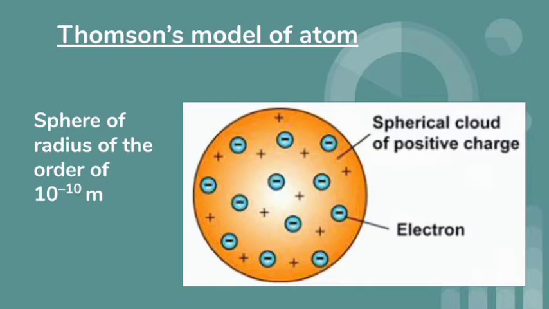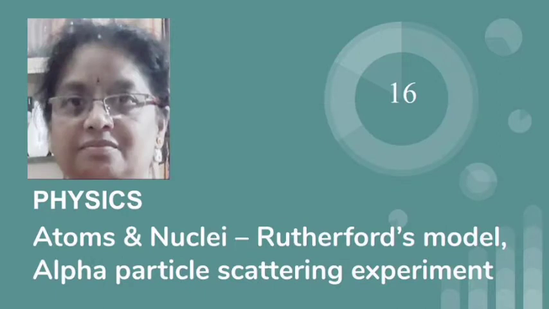This model also suggested that the atom is electrically neutral, since the numbers of positive and negative charges in the atom are equal. But the model could not explain the spectral lines of hydrogen and other atoms observed experimentally. We know that matter radiates electromagnetic radiation due to vibrations of atoms and molecules.